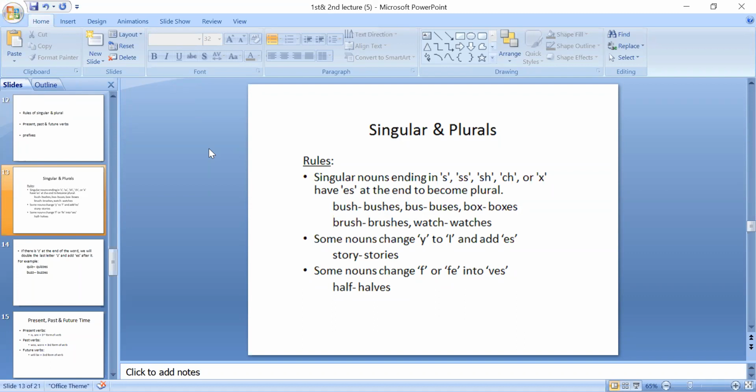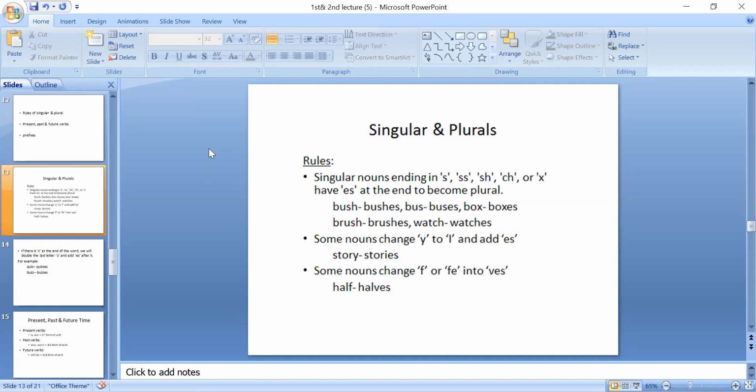You can see it is also ending with sh. So we'll add es to make plural. And the last word is watch, which I have written here. It is ending with ch. So we'll add es to make plural. It was the rule number 1.